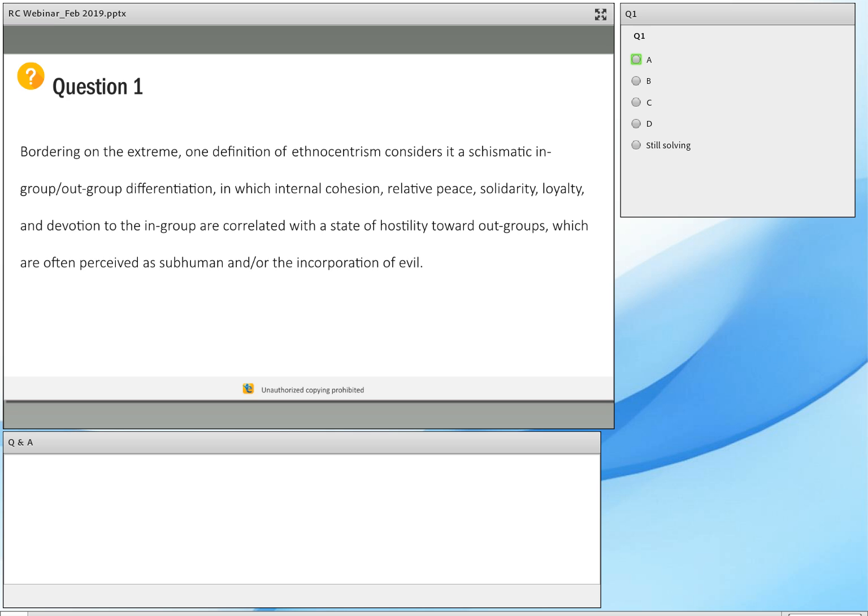70 people are saying still solving. That's good. I'm going to remove broadcast results, and I'm going to give you guys a minute to read this passage and enter your summary notes. And these notes are just for you. So I'm going to give you guys about a minute.